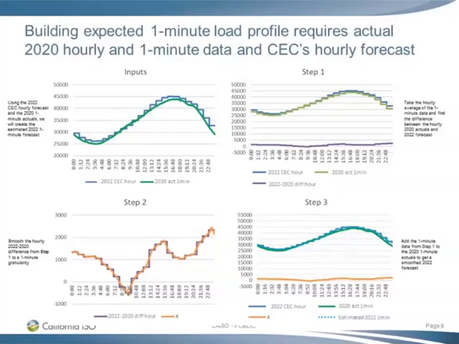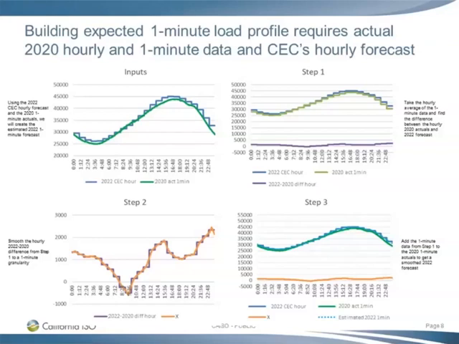And then what Hong and Jessica do is they take this purple line and run it through an algorithm where they smoothen it out to generate a 1-minute profile. We call that X, which we'll explain in the next graph. So this orange line is really a minute-by-minute representation of that hourly variability between the 2020 hourly and the 2022 CEC forecast.